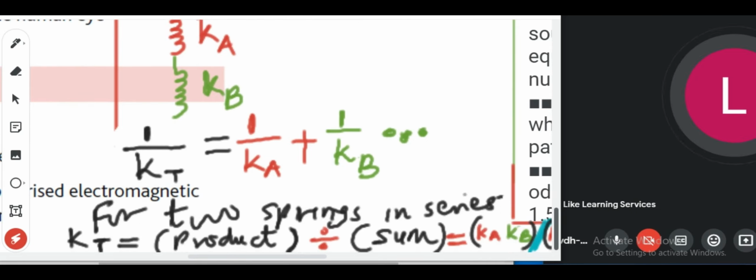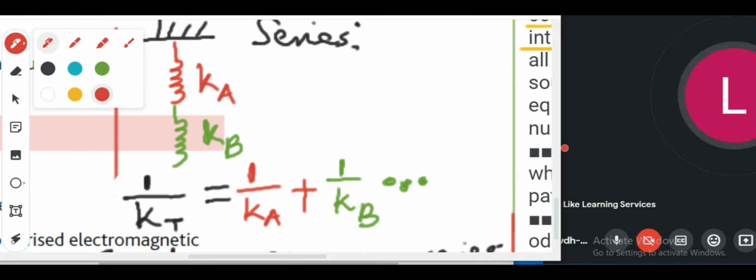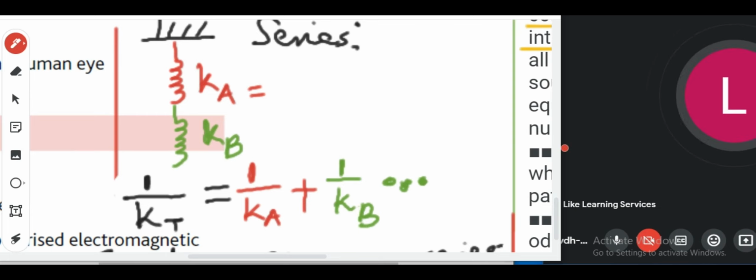You can use an example to illustrate this. Assuming, just for your own illustration, you can use a spring constant of, say, 5 Newton per meter for Ka, and then the other one maybe 10 Newton per meter.